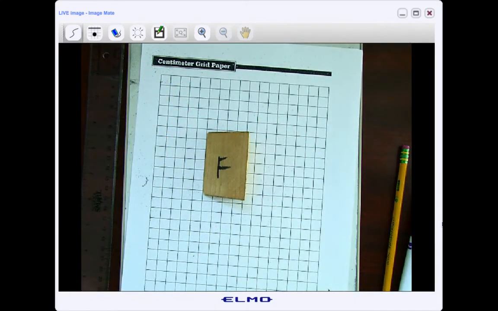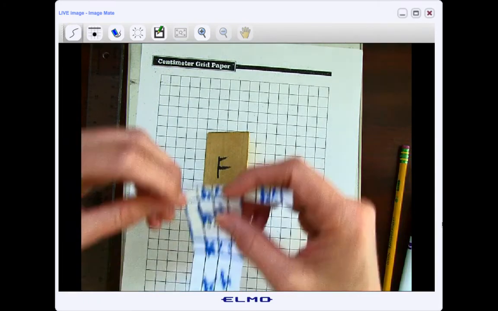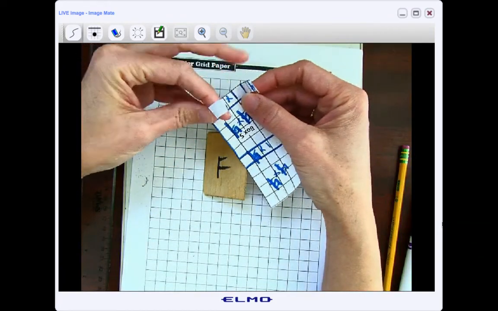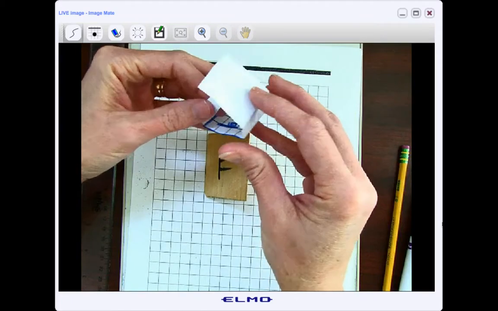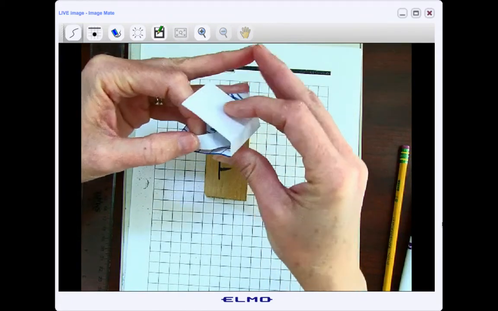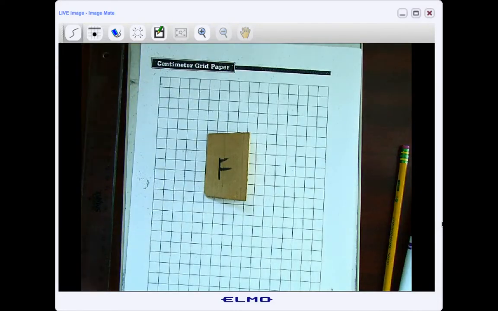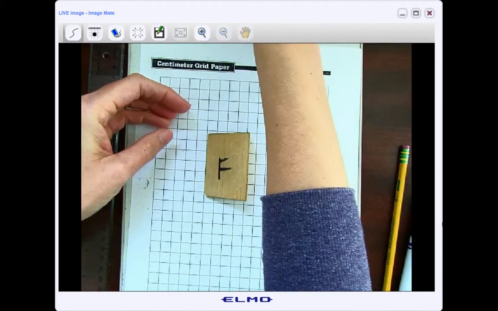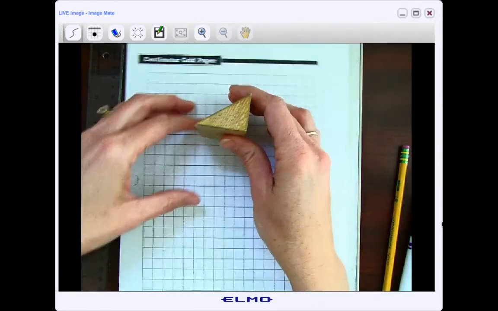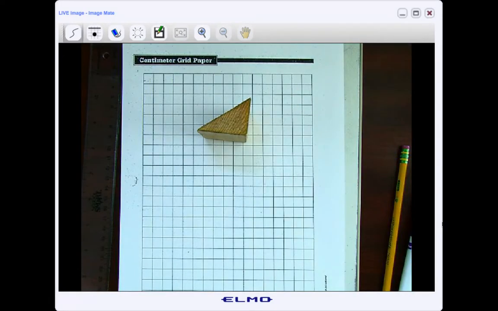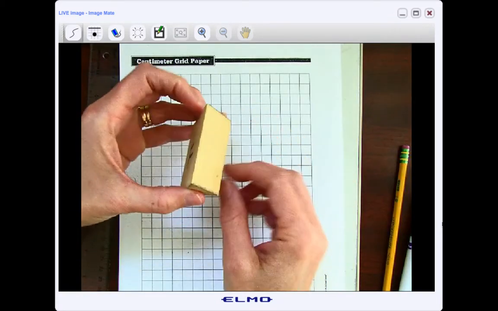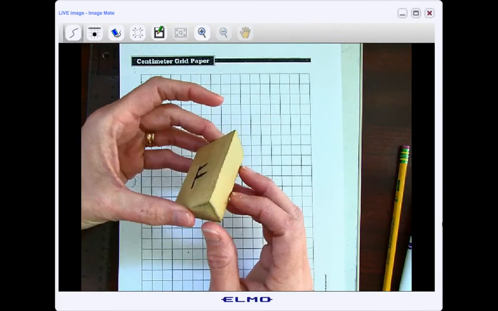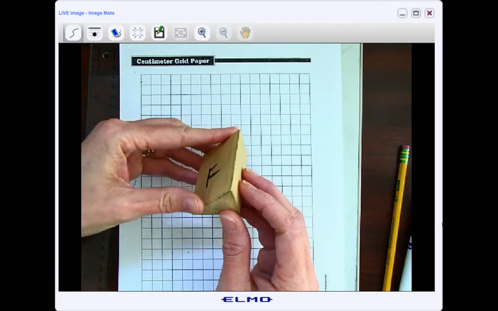When we were doing our rectangular prisms the other day with our dots, we needed 6 different sides to fold this up. Well, we're not going to need 6 sides to make a triangular prism. How many sides do you think we're going to need? Did you think that we would need 5? We're going to need 3 rectangles connected and 2 triangles. The triangles should be the same size and the rectangles maybe not.